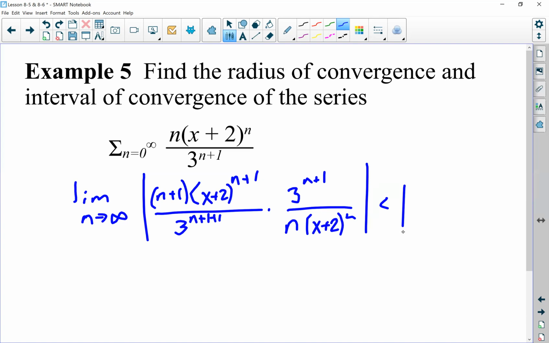Okay, all right. And then again, we have some things that cancel. Hopefully we're pretty confident now. We're going to have a factor of n, a factor of 3 in the denominator, because the n plus 1 cancels with the n plus 1. We're going to have a factor of x plus 2 in the numerator, and everything else stays.